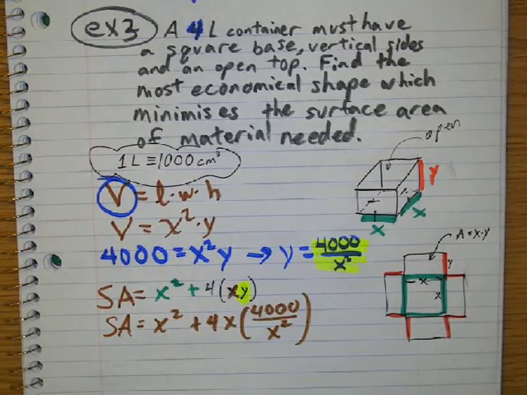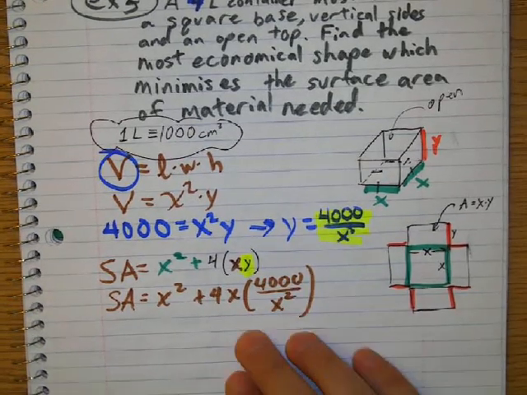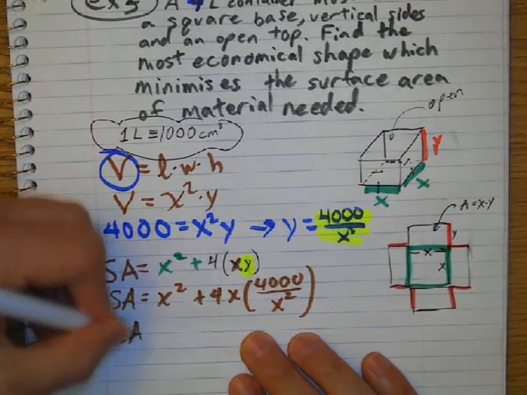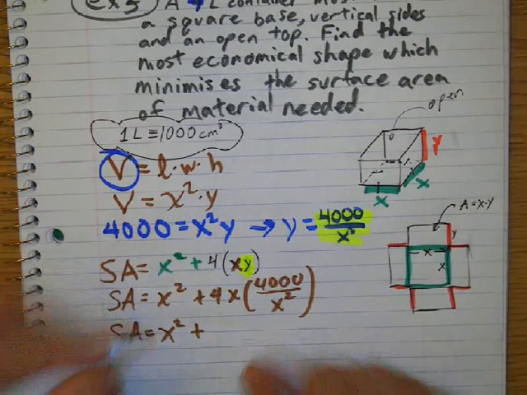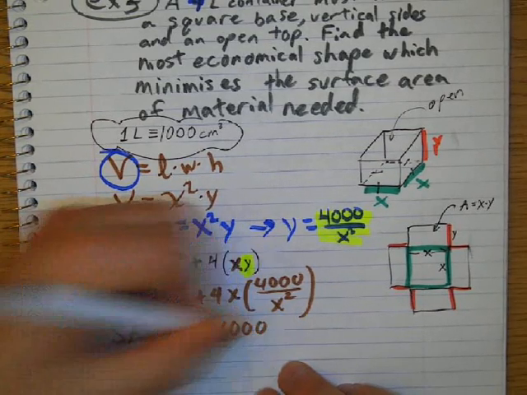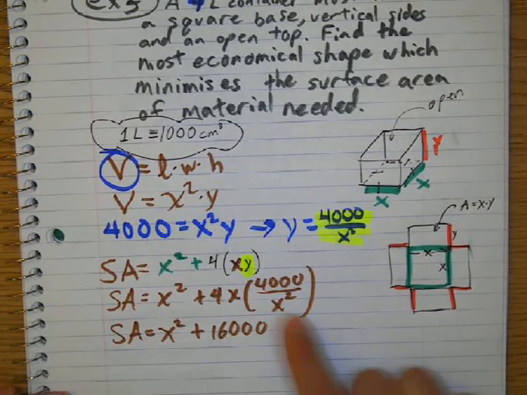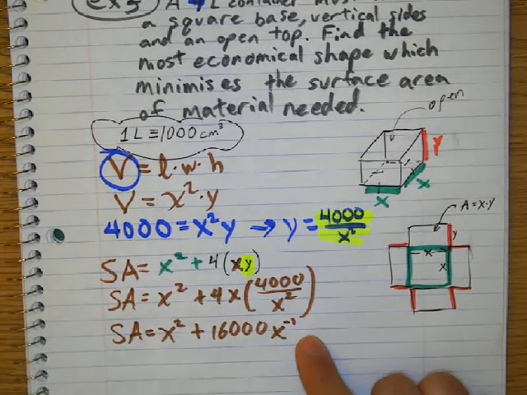Okay, think about that for a minute. Now let's multiply that out. My surface area is x squared plus 4 times 4,000, that's going to give me 16,000, and x in the numerator and x squared in the denominator gives me a single x in the denominator. I'm going to write it like this.